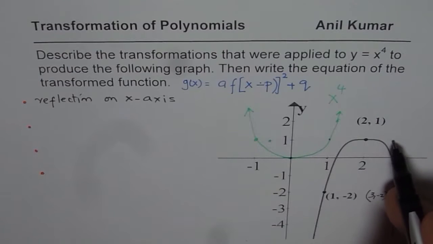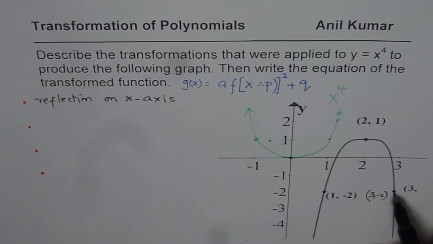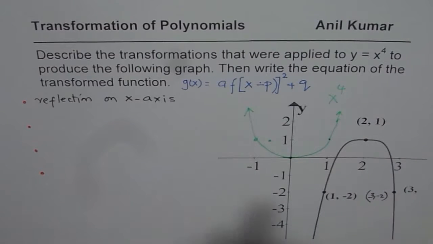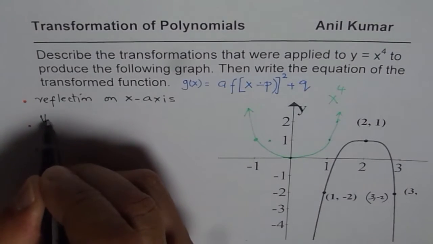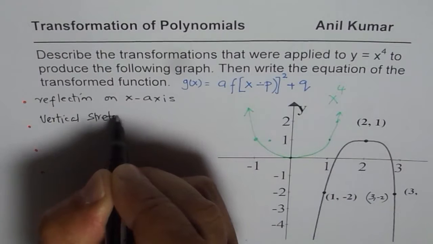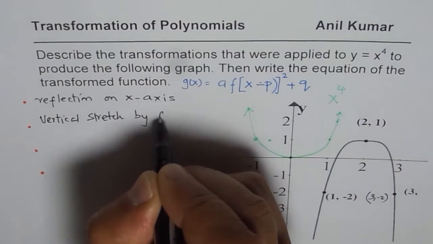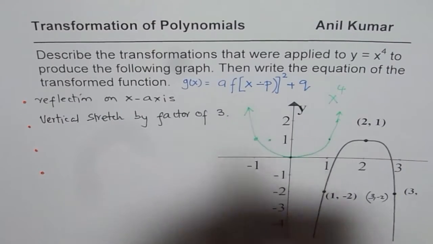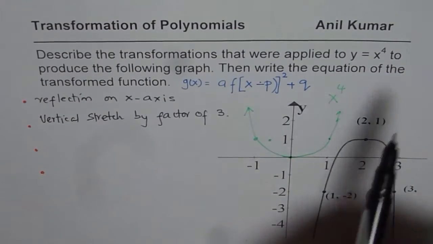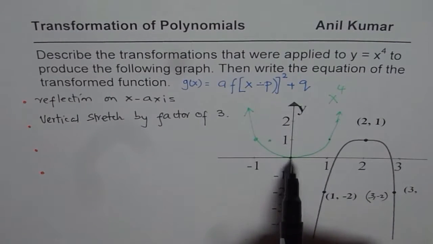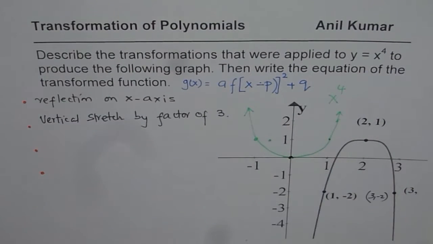Since you move 3 times, in the negative direction, the vertical stretch is 3 times. Reflection on x makes it negative. So we say vertical stretch by a factor of 3.